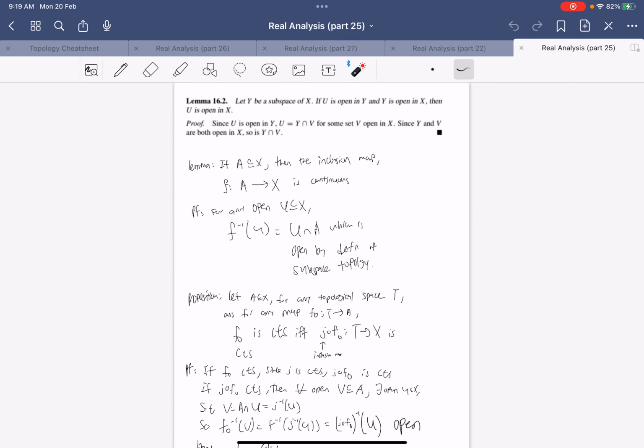And with this subspace topology now, we can define the inclusion map, where A is a subspace of X. We can say that this inclusion map will be continuous, and that's because for any U open in X, when you take the pre-image, it'll be just U intersecting A. And so this is open by definition of the subspace topology.